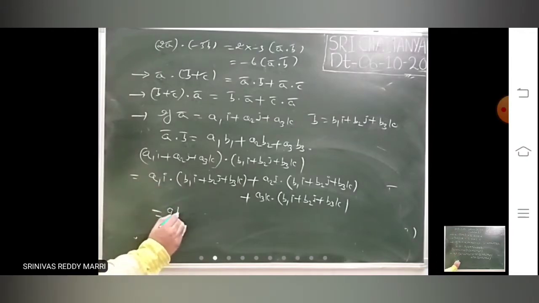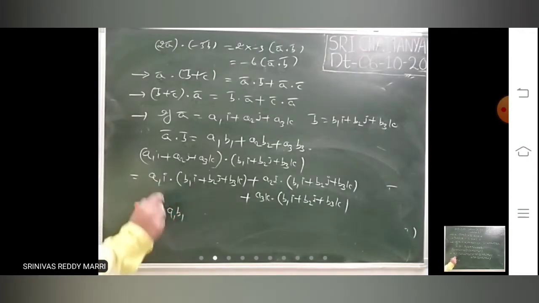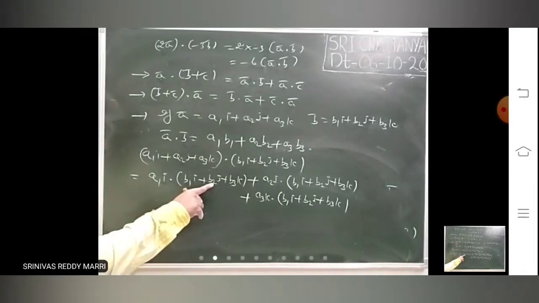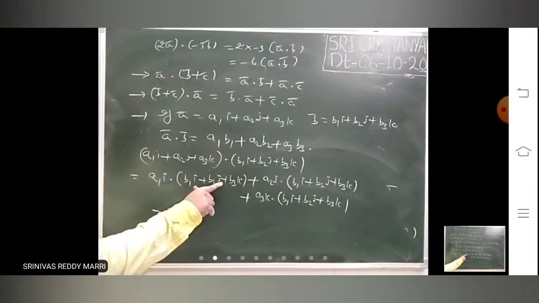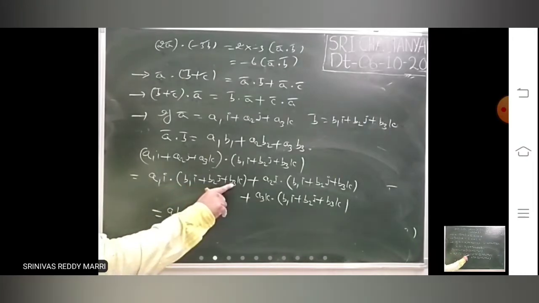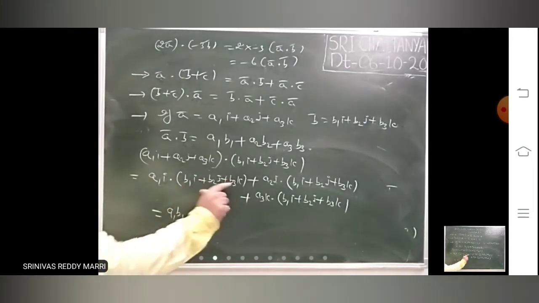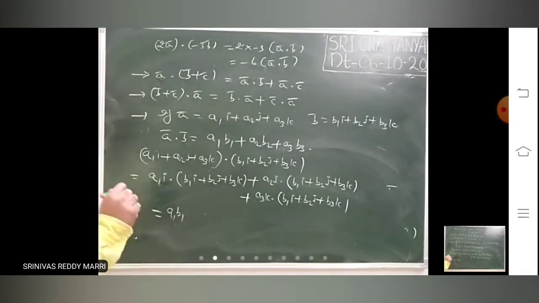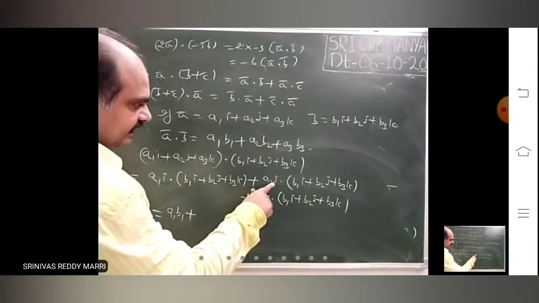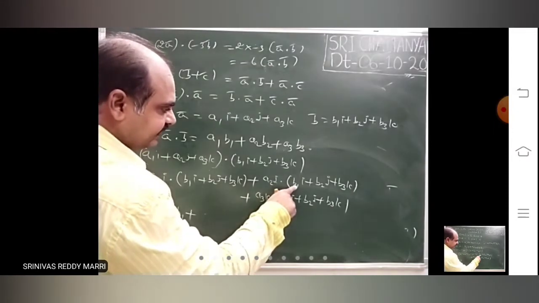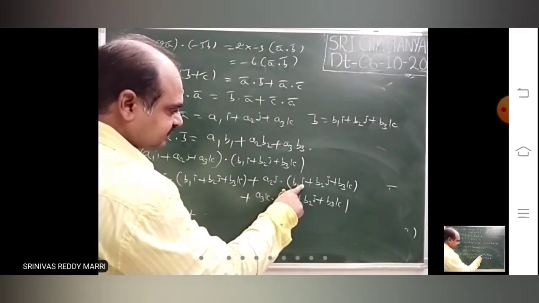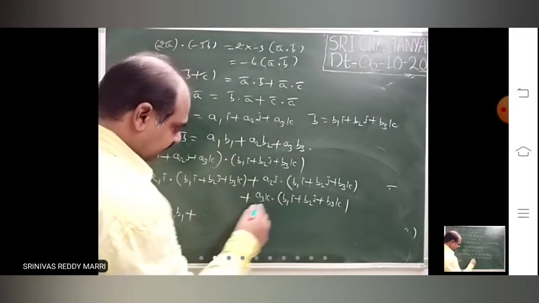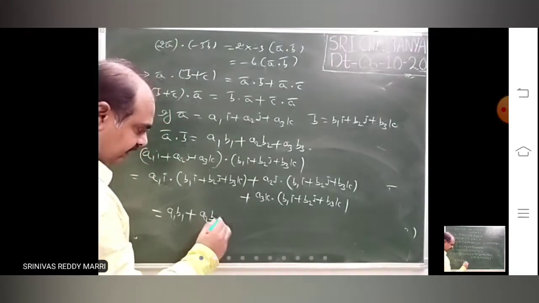Now look, A1 I dot B1 I: A1 and B1 are constants, and I dot I is 1. A1 I dot B2 J is A1 B2 into I dot J, which is 0. Similarly, A1 I dot B3 K is A1 B3 into I dot K, which is 0. So only A1 B1 remains, with I dot I being 1. Here A2 J dot B1 I becomes 0 because J dot I is 0. A2 J dot B2 J gives A2 B2.